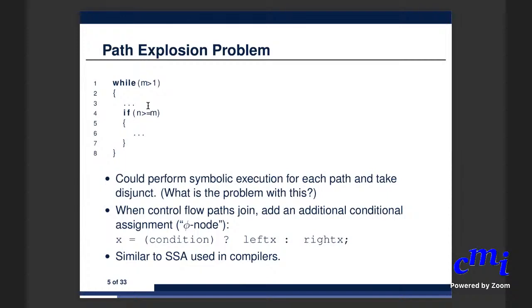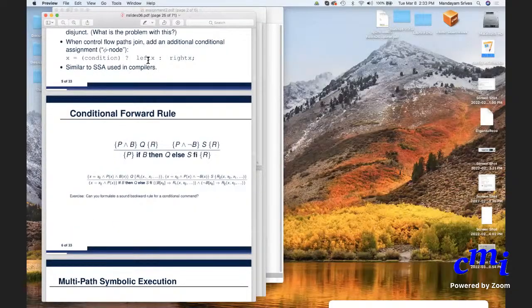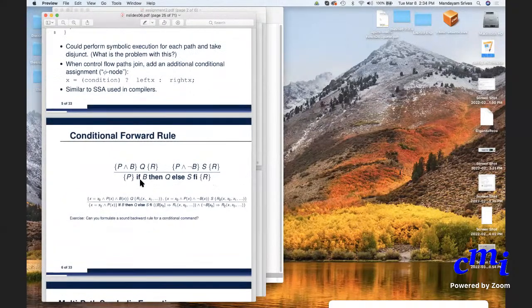Even for a bounded k, the number of paths will be exponential in terms of the depth, and that is the disadvantage that we are trying to avoid by using this idea of merging.